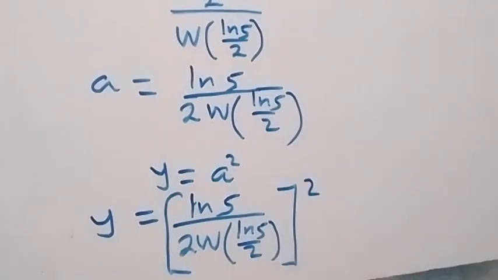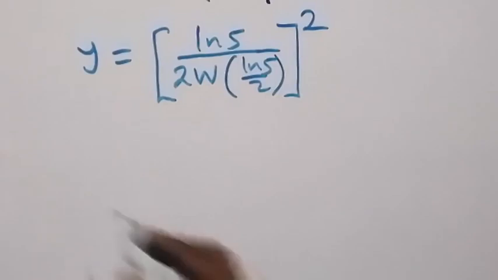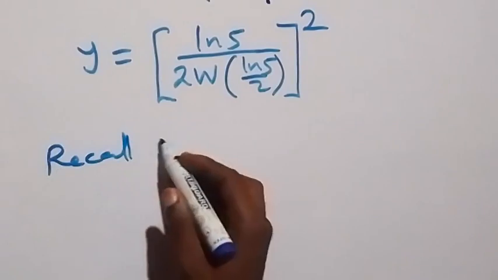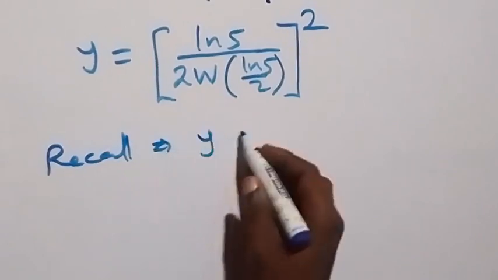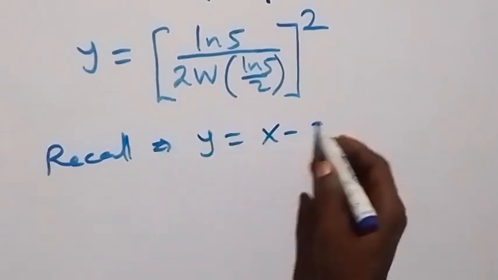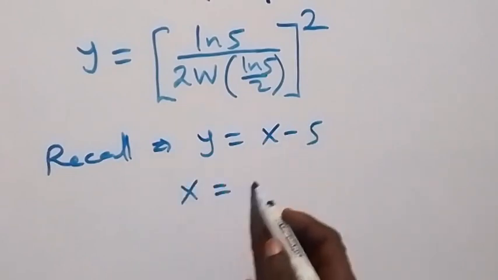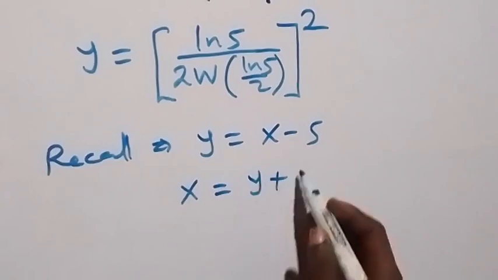Then also recall that we let y be equal to x minus 5. Then from here, x will now be equal to y plus 5.